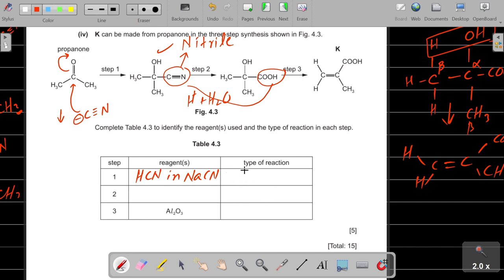Okay, the type of reaction is nucleophilic addition reaction. Okay, the second type of reaction: you can see it is being hydrolysed in the presence of H positive, HCl in water. It is a hydrolysis reaction. Even you can say H2SO4 or HCl plus water, aqueous condition, aqueous hydrolysis, okay?